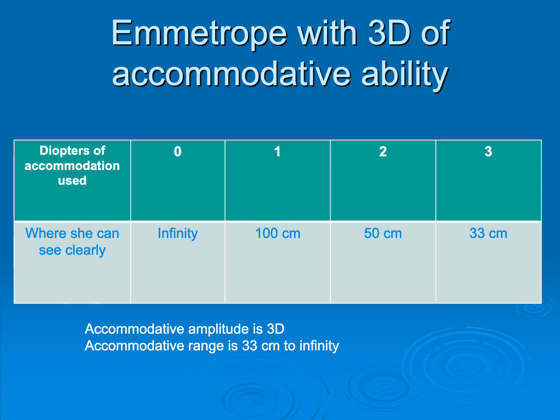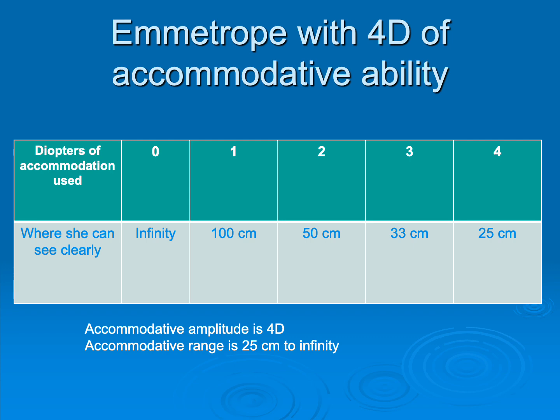So her accommodative range, the closest she could do is 33 centimeters, and the farthest away she can do is infinity. Now, what if I had an emmetrope with 4 diopters of accommodative ability? That would give her an amplitude of 4, and now her range is infinity up to 25 centimeters, or 25 centimeters to infinity, however you want to write it.